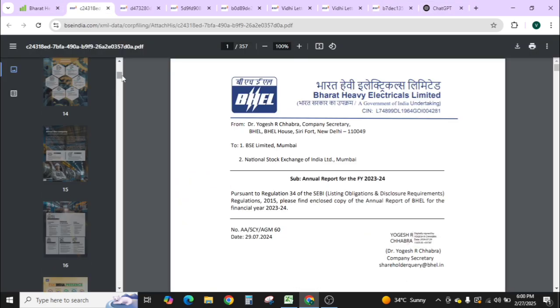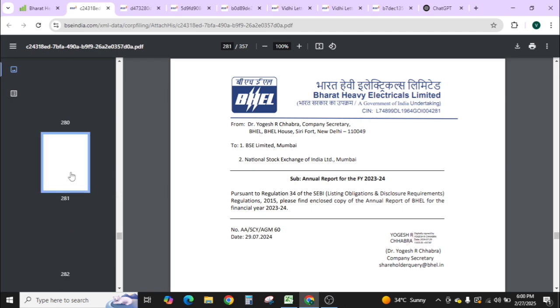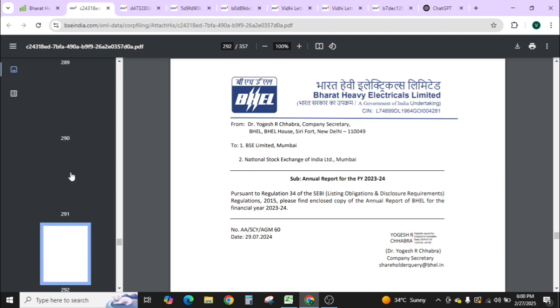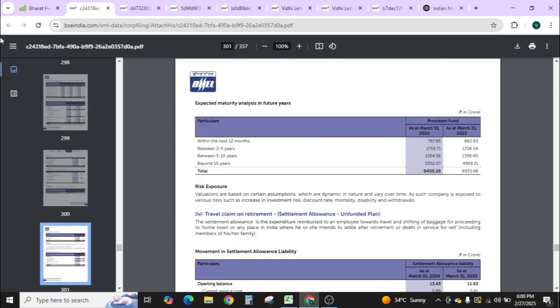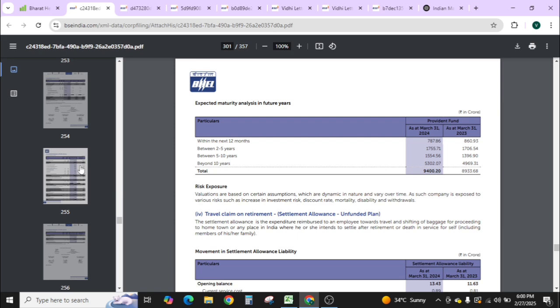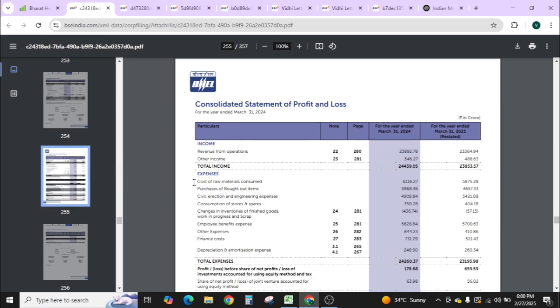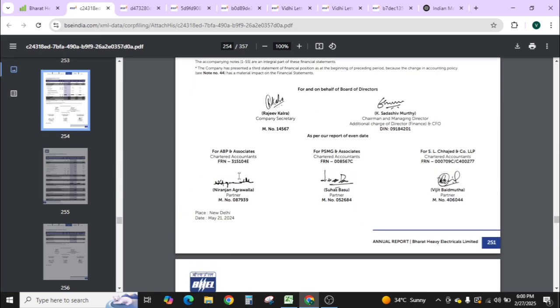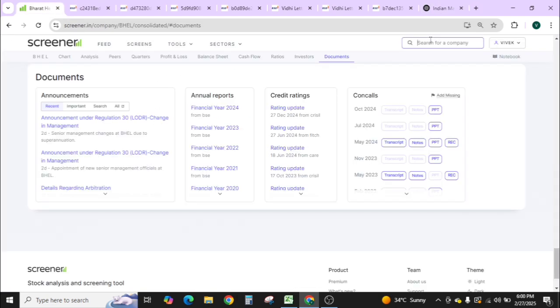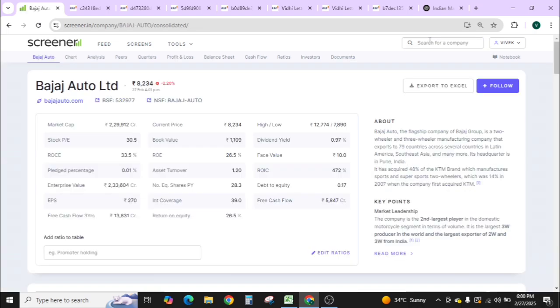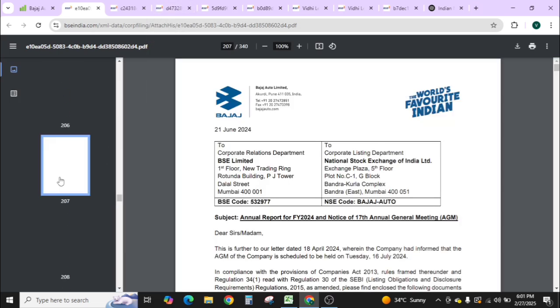If we see Bhel, no. Bajaj Auto, one last example if we can find it. Just a minute, I will show you.